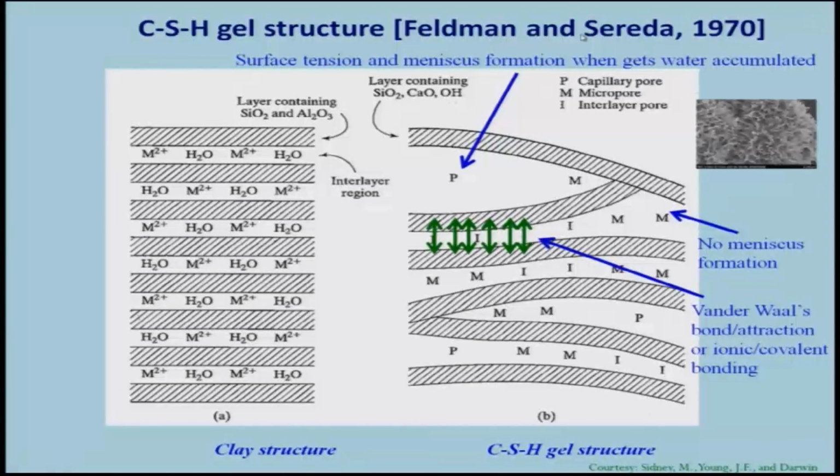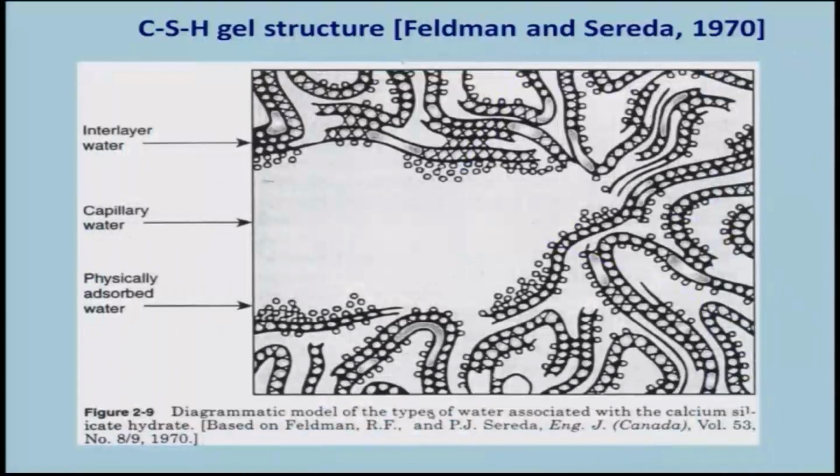So, in the Feldman-Sereda model, the calcium silicate hydrate gel structure is considered to be similar to that of clay structure, and an extension of that diagram is shown, where you have the interlayer water that is present in the structure, and you have capillary water that is present in large amounts, and you have physically adsorbed water.